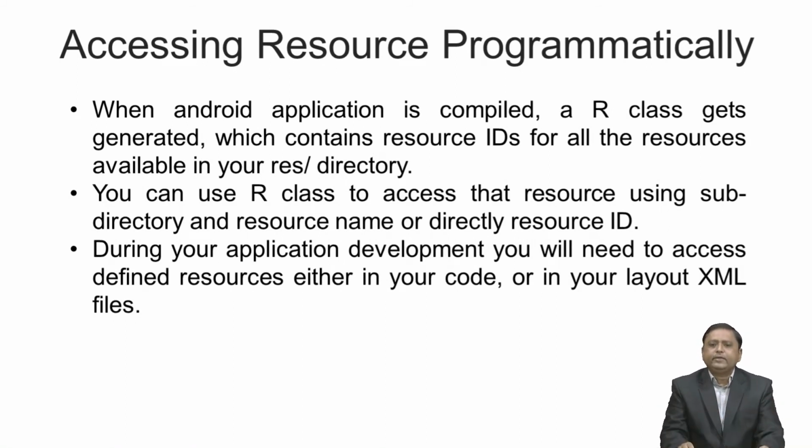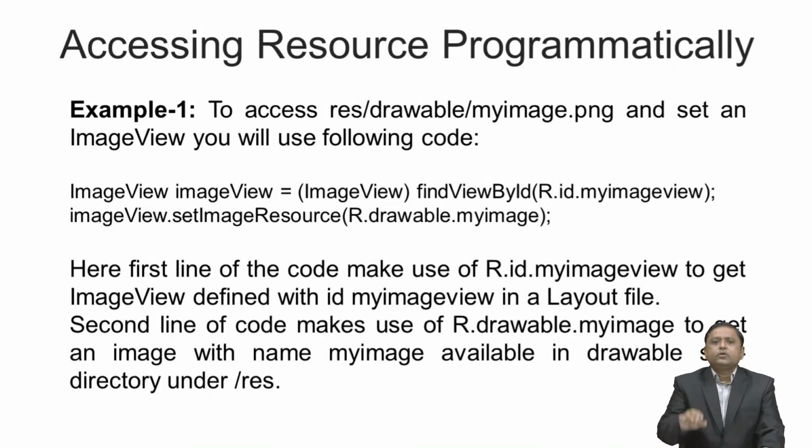During your application development, you will need to access defined resources either in your code or in your layout XML files. Now, how to do that? We will take some examples. So, the first example is to access the resource drawable myimage.png and set it on an image view.